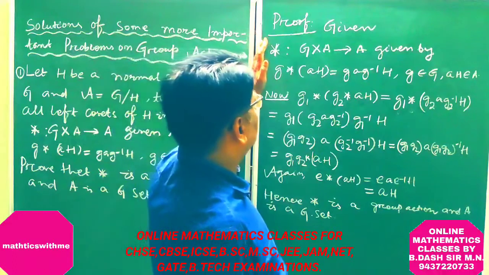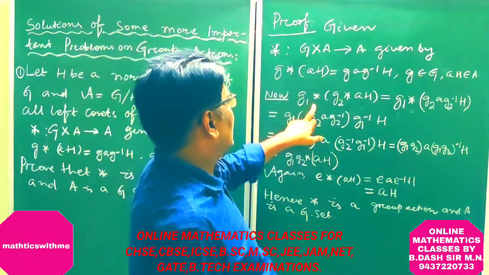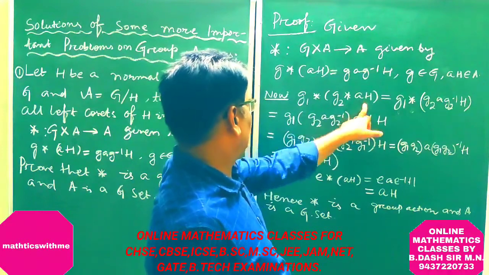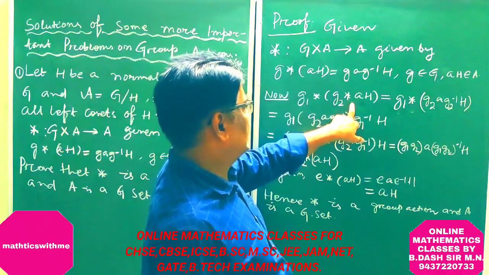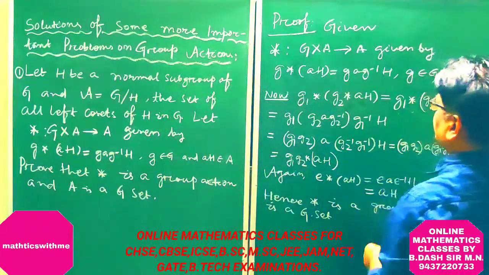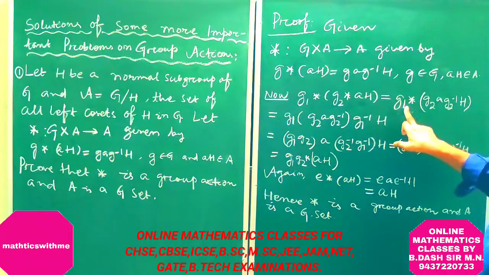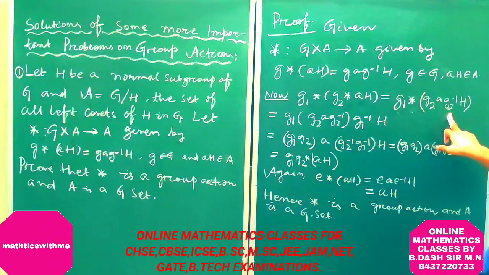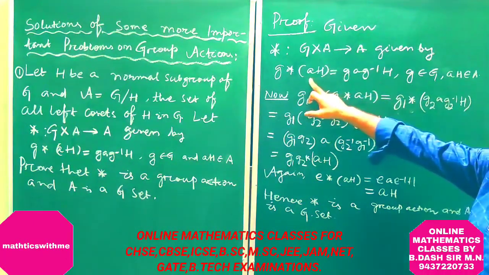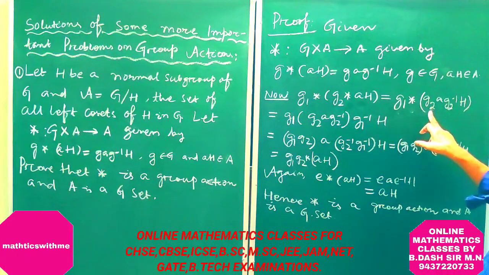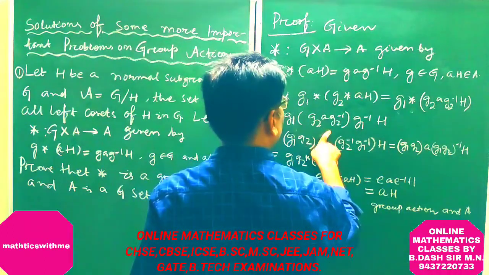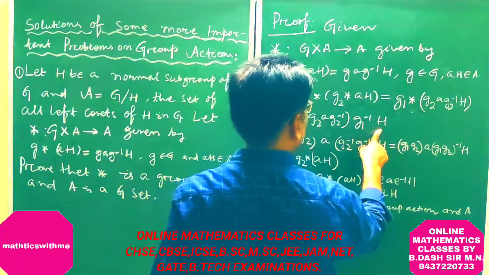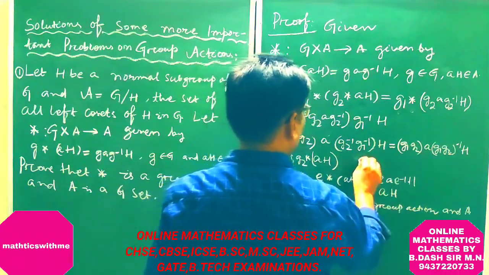Now the first condition here, g1 star g2 star H, we have to show that g1 g2 star H. So g1 star g2 star H is equal to, by given condition, g1 star g2 a g2 inverse H. Now in place of aH, we are getting this quantity.